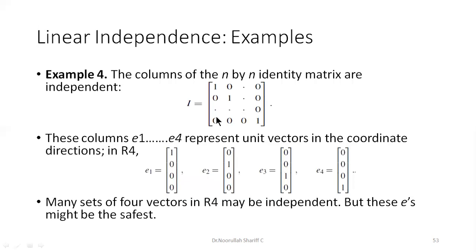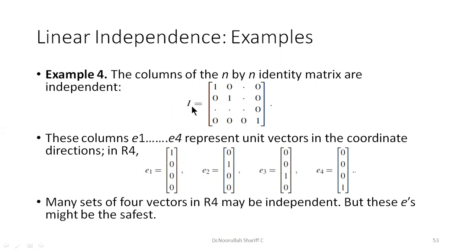Okay, so let us take another example over here, which is an identity matrix, n by n identity matrix. The identity matrix has principal diagonal elements all ones, and all others are zeros. So for these columns, again, I can write this multiplied by C, that is C1, C2, C3, Cn, is equal to 0.